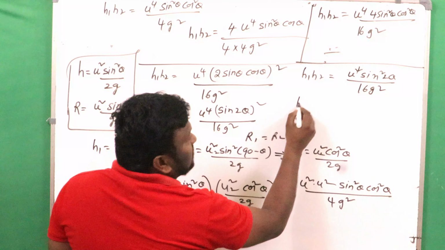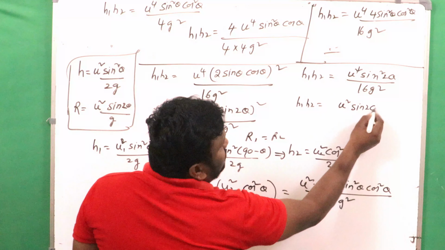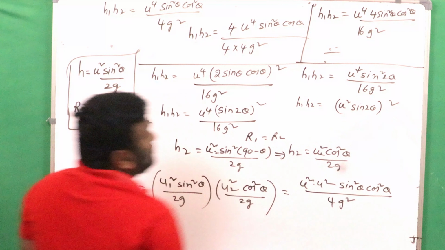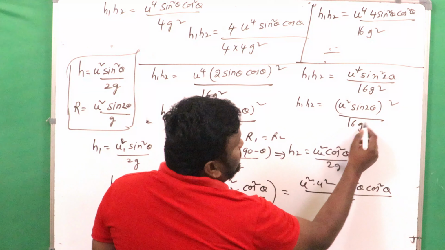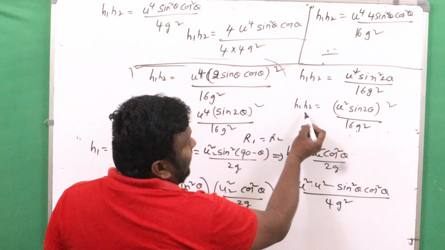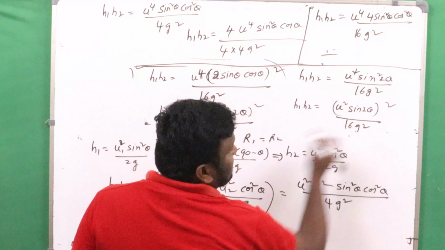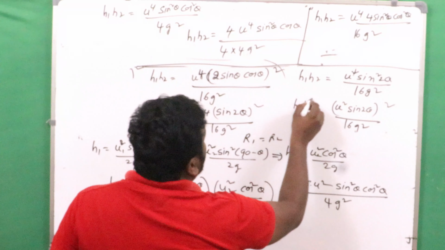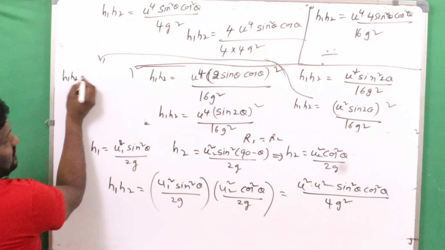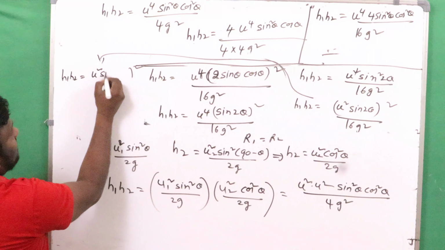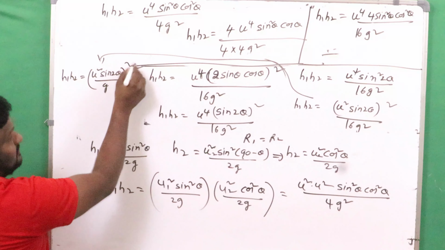Written here, H1 H2 is equal to u square sin 2 theta whole square by 16g square. From that we can write H1 H2 is equal to u square sin 2 theta by g whole square.